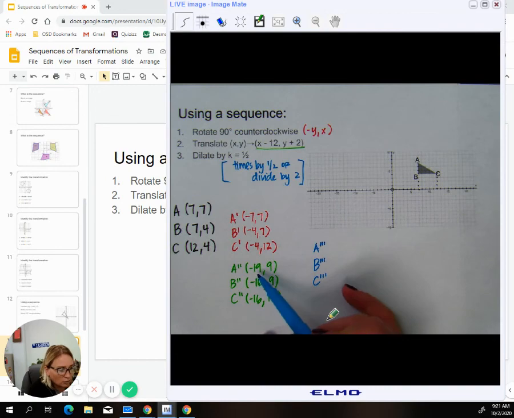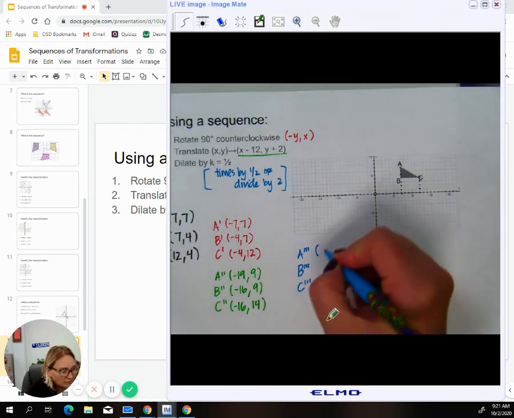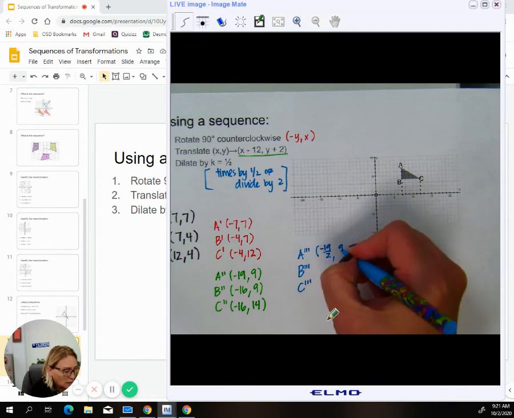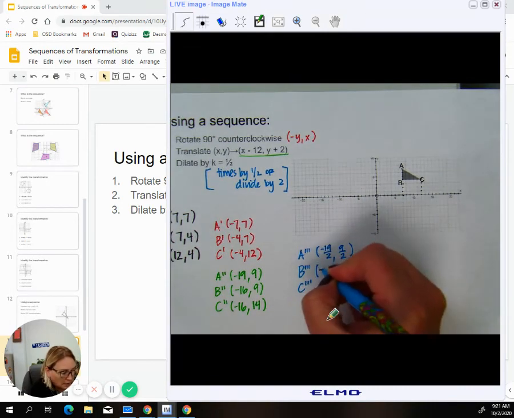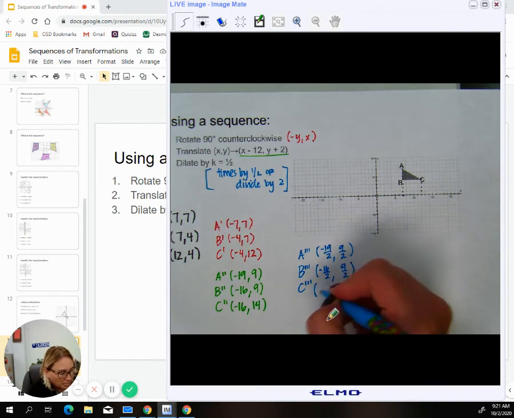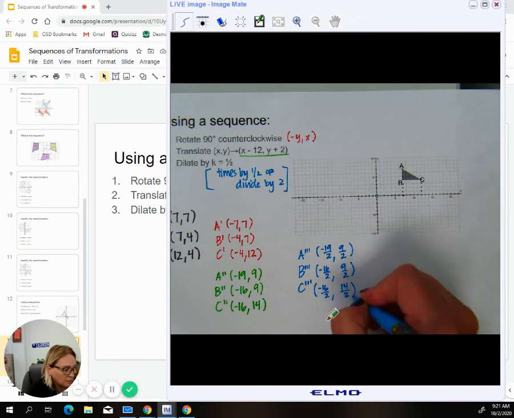Okay, so we're going to just divide by 2. So negative 19 divided by 2, 9 divided by 2. Negative 16 divided by 2, 9 divided by 2. Negative 16 divided by 2, 14 divided by 2.